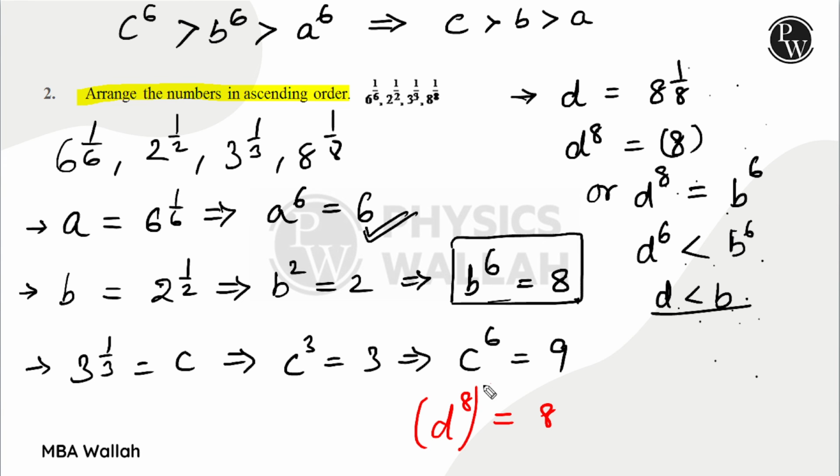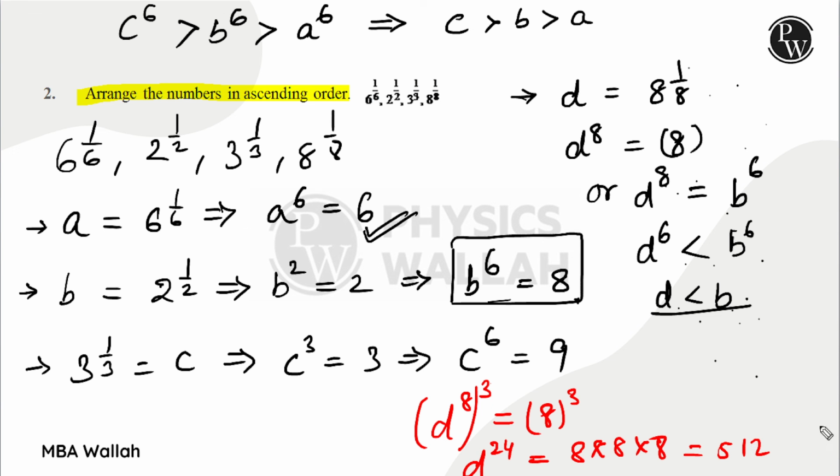Let's say I cube this number. So I'll cube this also. So this will be d to the power 24. That is going to be 8 into 8 into 8. This is as good as 512.